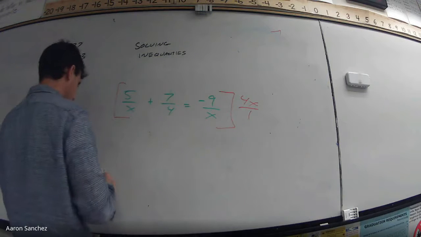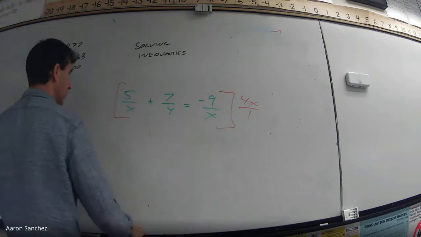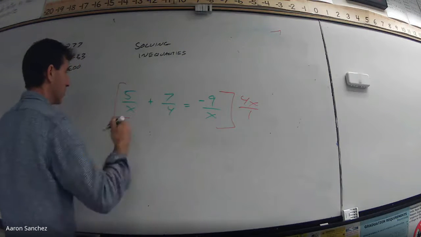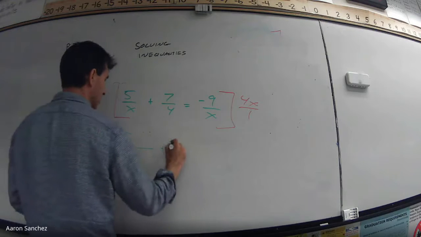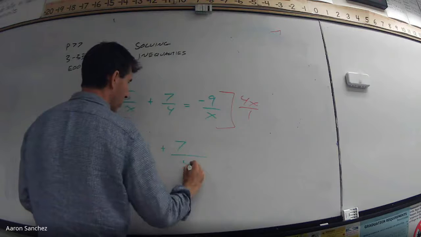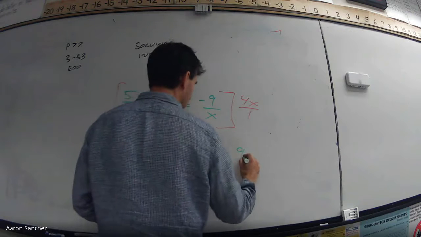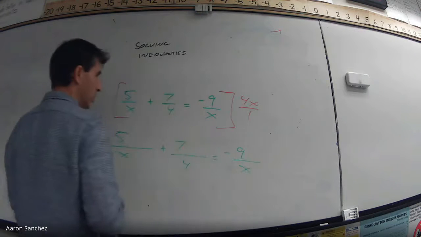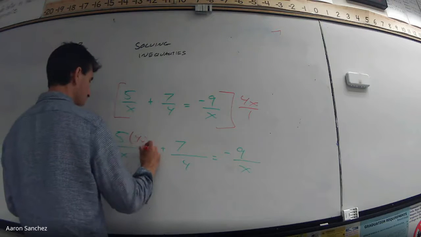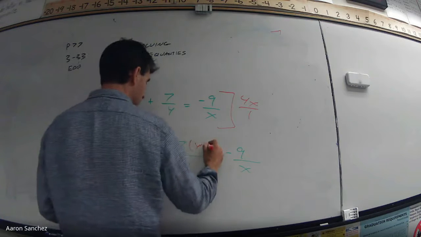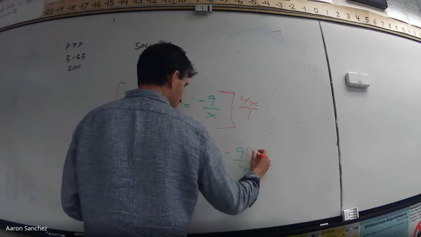So we got here 5 over x plus 7 over 4 equals -9 over x. Multiply the numerators by 4x. 5 times 4x, 7 times 4x, 9 times 4x.